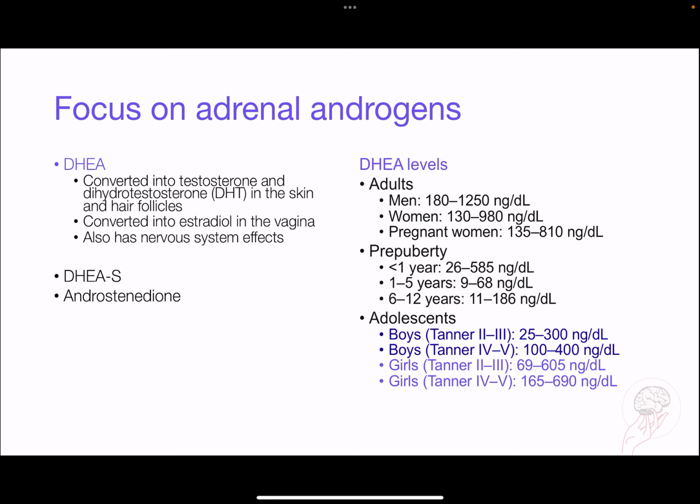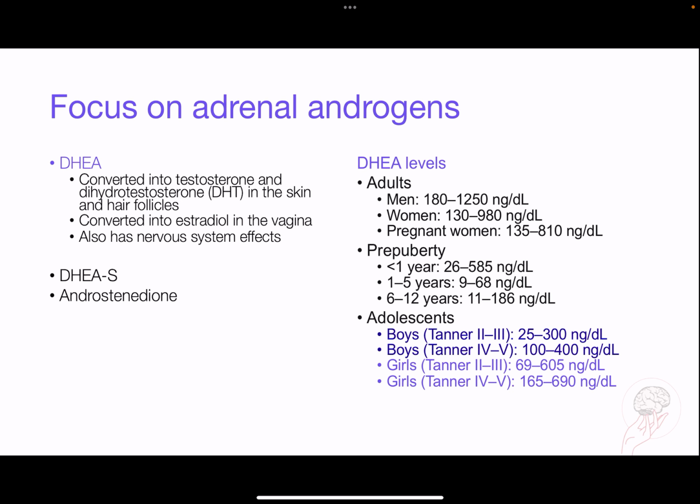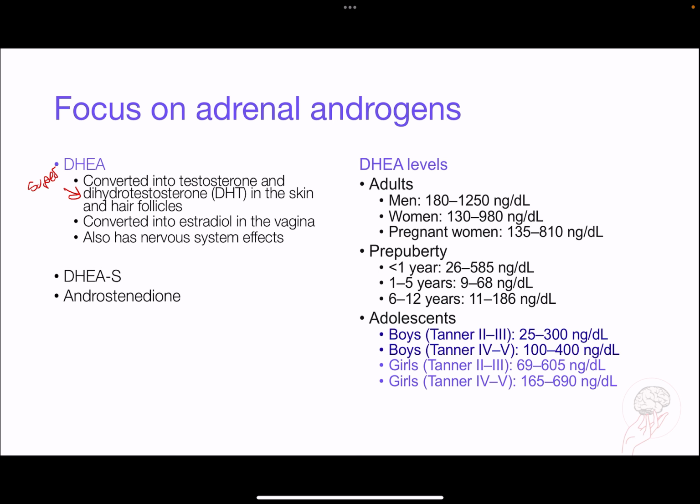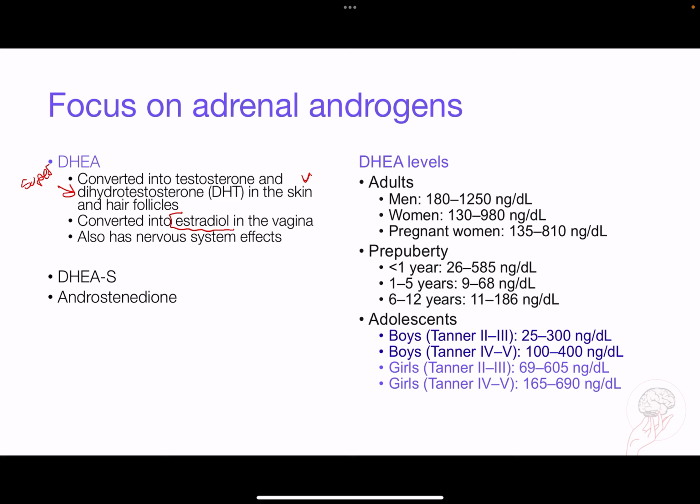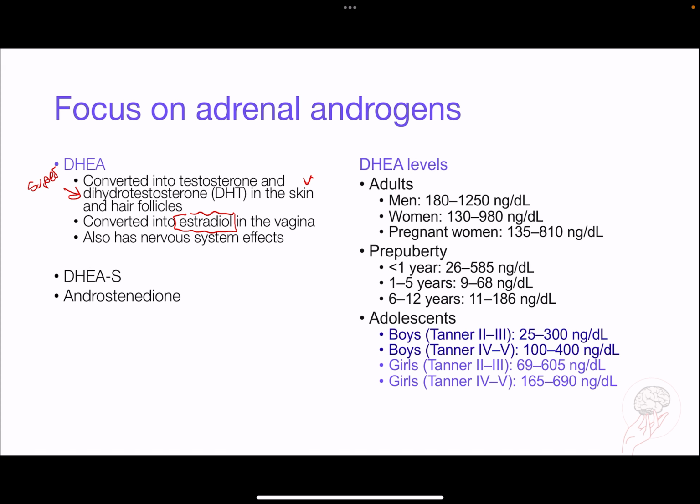It gets converted into testosterone and dihydrotestosterone, which you may have heard of as like super testosterone, at the level of the skin and hair follicle. But it can also be converted into estradiol, one of the estrogens in the vagina. Additionally, it has nervous system effects. It has been shown to increase aggression.